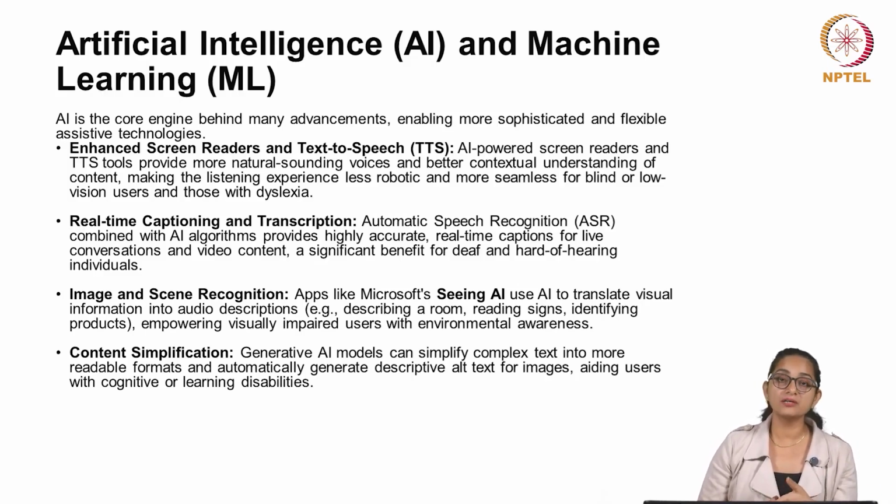So descriptive alt text for images as well as videos can be auto-generated, and the systems will be able to do that by themselves. And especially for long format documents, AI models can simplify the complex text and summarize it for your understanding and make it into more readable formats.